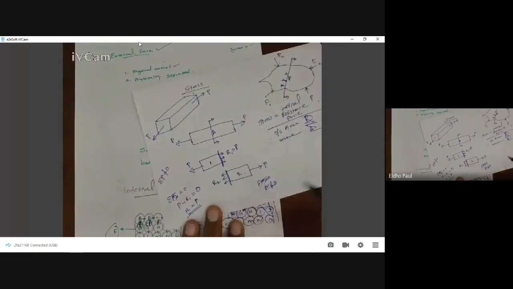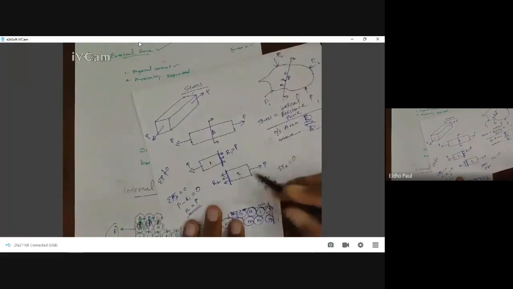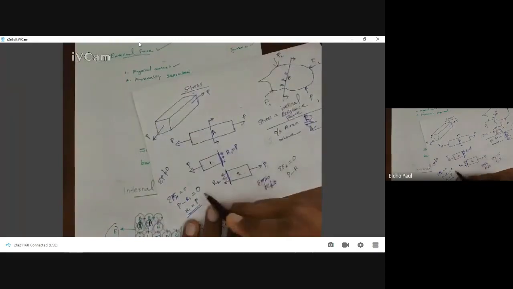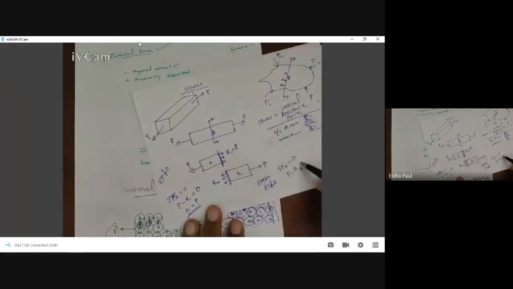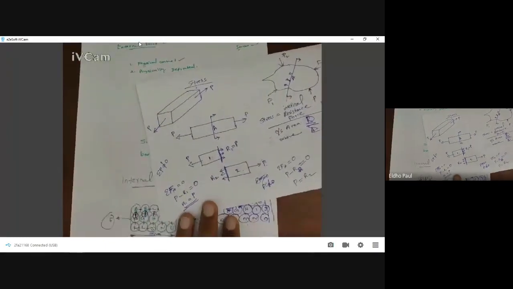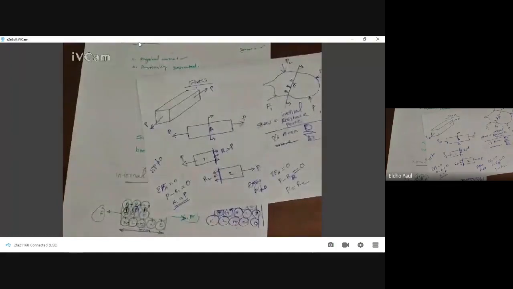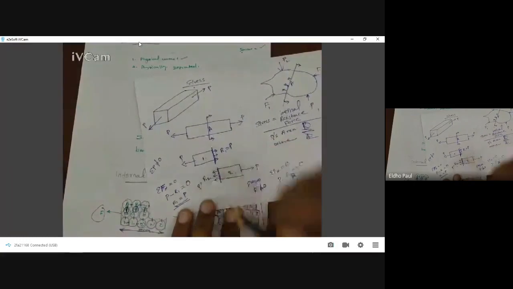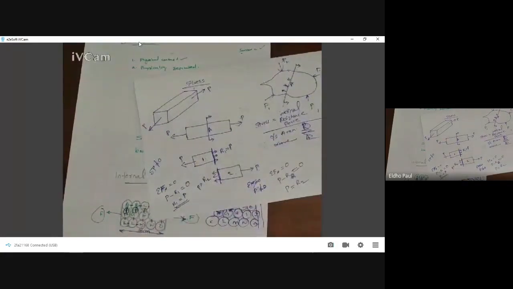Similarly for part 2, the sum of all horizontal forces equals 0. Then P minus R2, in the opposite direction, equals 0, so R2 equals P. So we got R2 equal to P, and the internal resistance force is also equal to P.